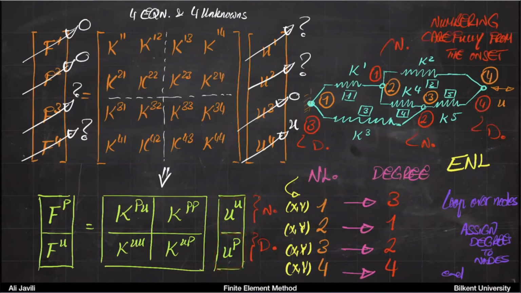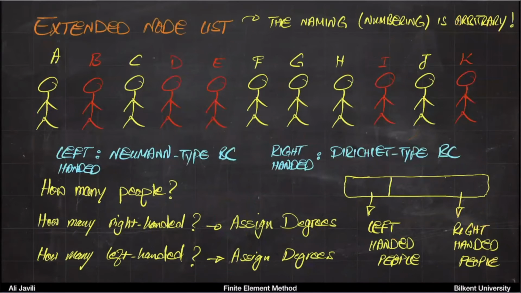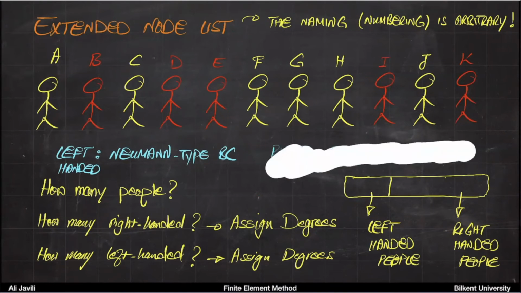So in view of our example, right-handed people represent Dirichlet type boundary conditions. All right, so I think the example is clear, or the question is clear, the task. And what we want to do is to now answer it and end up with a nice way of doing it.